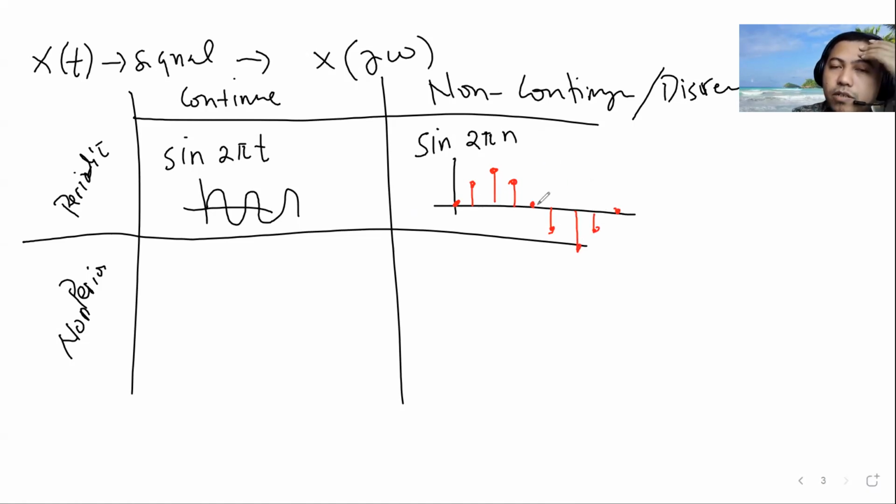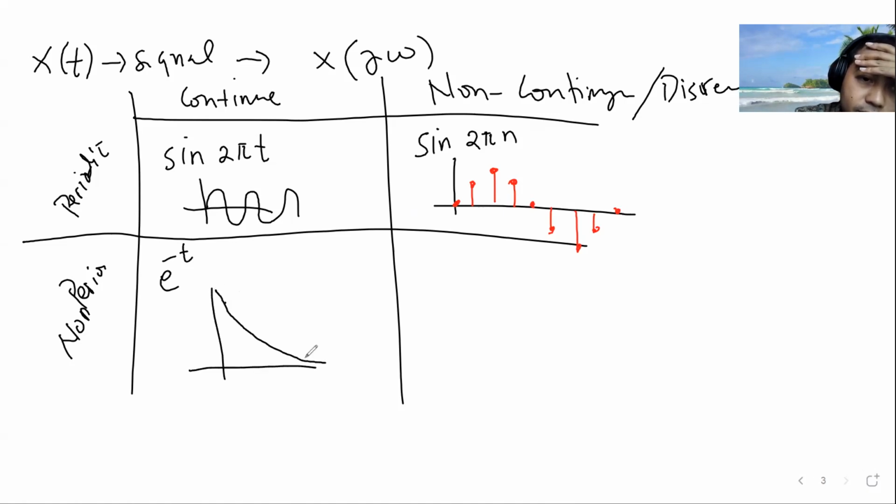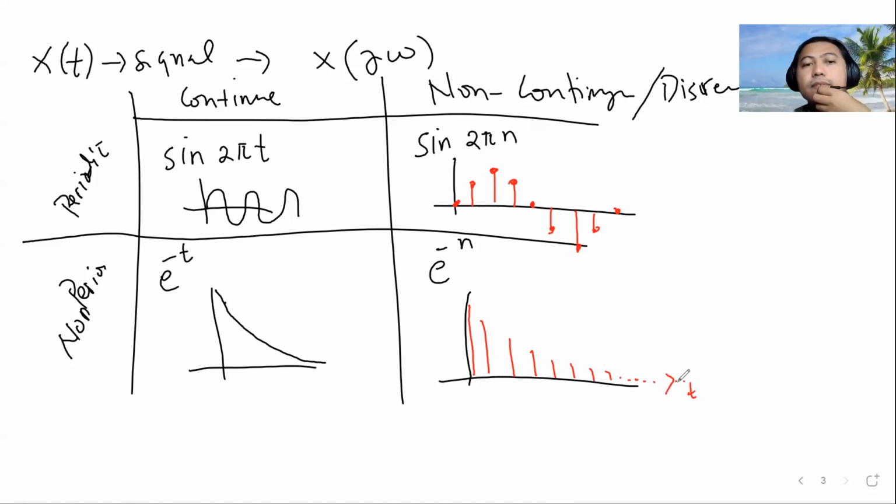This is periodic but non-continuous. And for non-periodic and continuous, for example, e to the power of t, so we can write it like this. For non-continuous, we can just use the power of n. So we write it like this.